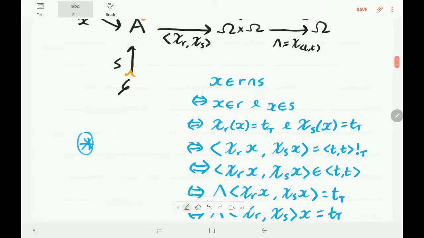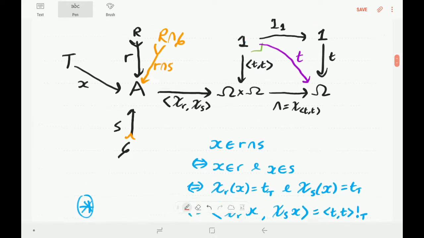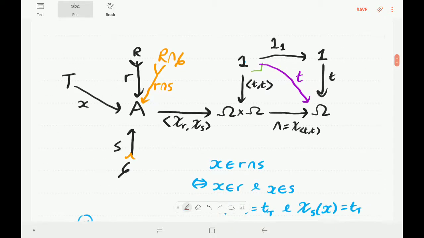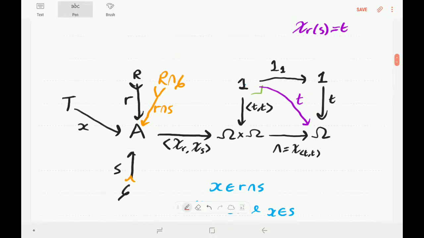So this is a nice proof of it. What this is basically showing is that this composition of these horizontal arrows is just the classifying arrow of R intersection S, because R intersection S has exactly this property that for this generalized element, X is in R intersection S if and only if X is in R and X is in S.